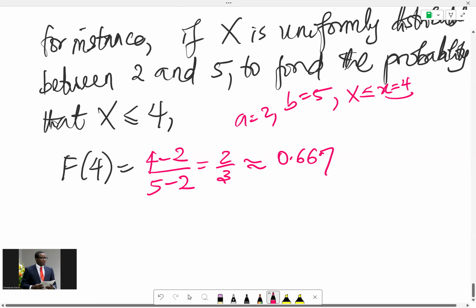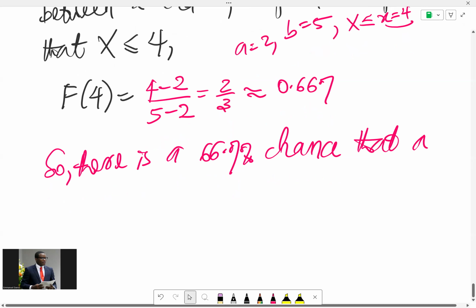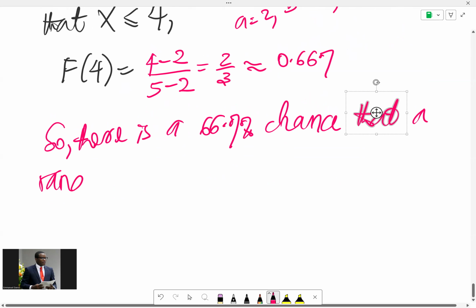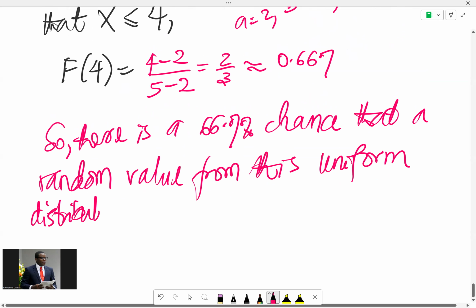Okay. So there is a 66.7% chance that a random value from this uniform distribution is less than or equal to 4.